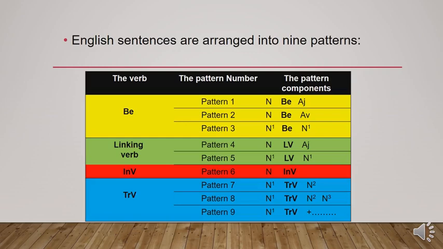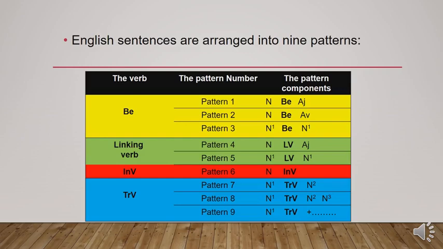In order to make studying these sentence patterns easy, I arranged these sentence patterns into groups. And these groups are arranged according to the main verbs. For example, when the main verb is the verb be, we have 3 patterns that are highlighted in yellow.